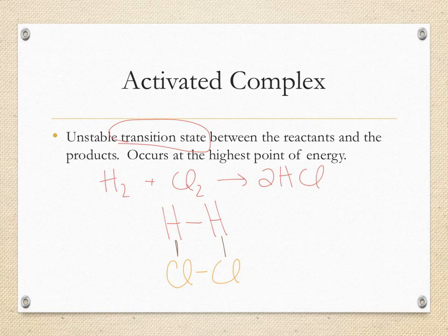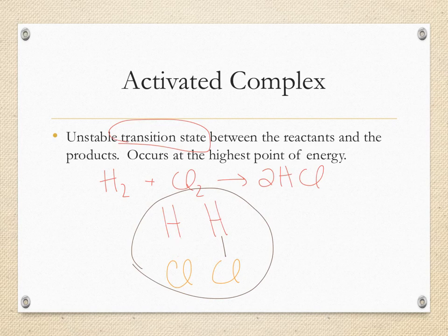That is your activated complex. That's kind of like the middle ground before you can get from the reactants to the products. That thing doesn't really exist, it's just kind of our middle ground. Because the next thing that happens is that these bonds go away, and there's our products. So our activated complex is when the four of them are connected. It occurs at the highest point of energy.